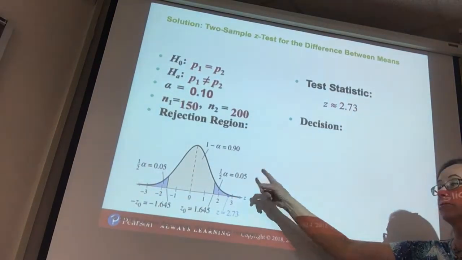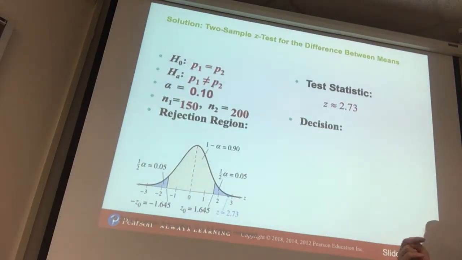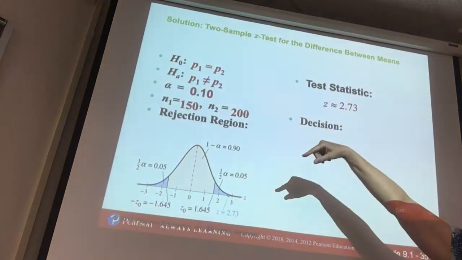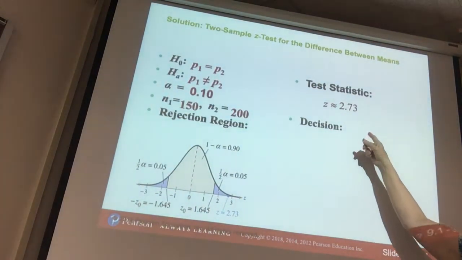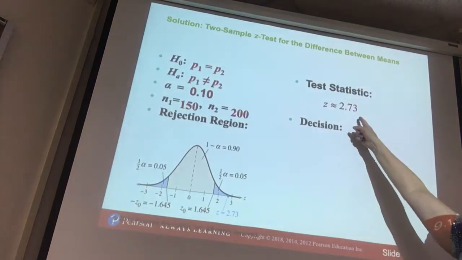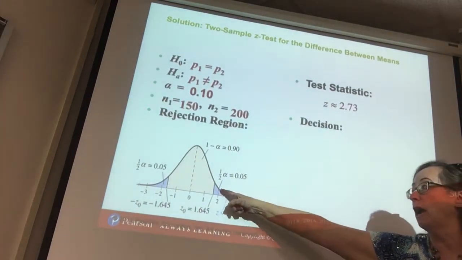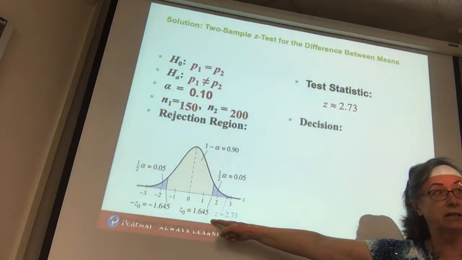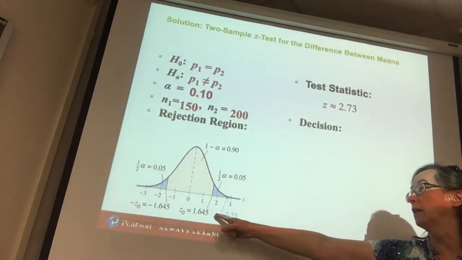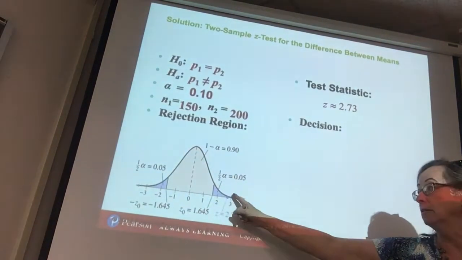So we end up with 0.05 in each tail to define our rejection regions. Our test statistic we just calculated on the last page is 2.73, and our 2.73 is to the right of the critical region that goes with the 2-tail here.